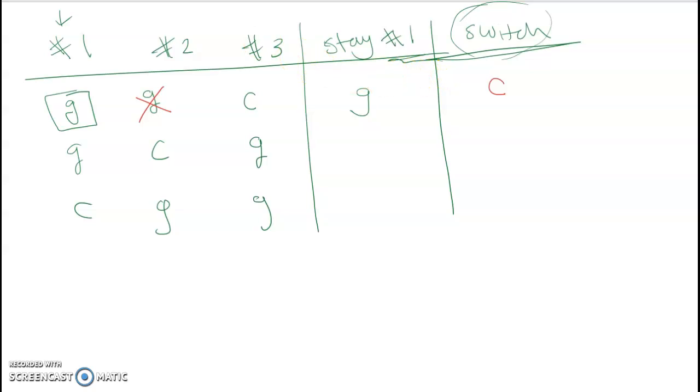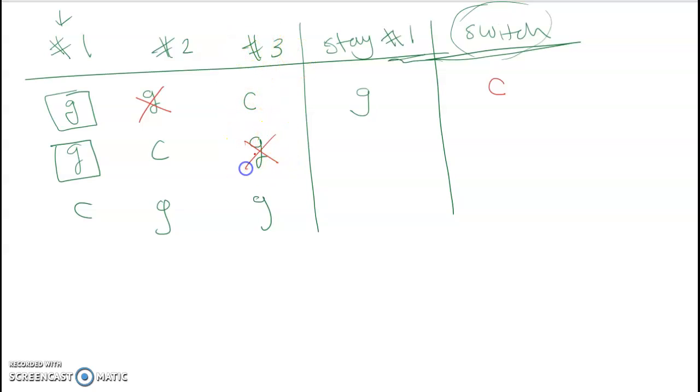Let's see our second case, where the lineup behind the doors is goat, car, and goat. The player is still picking door number 1, and in this case Monty only has one choice, which is to show door number 3.